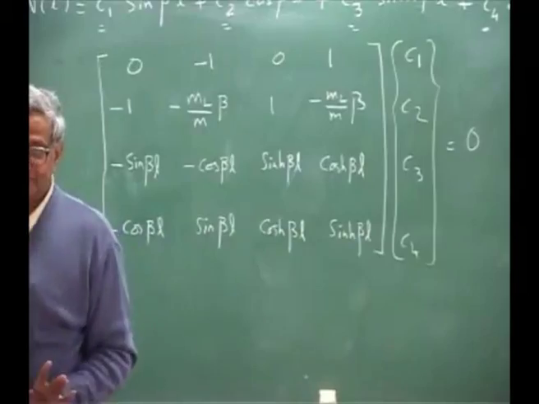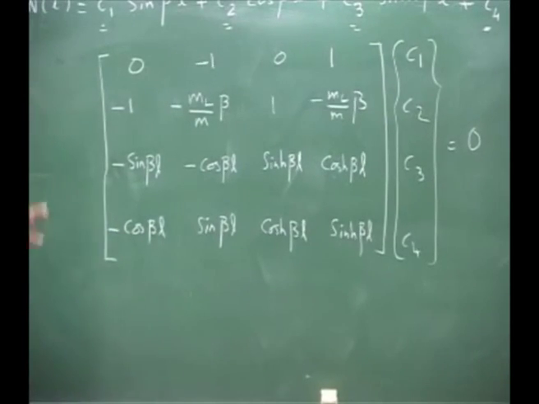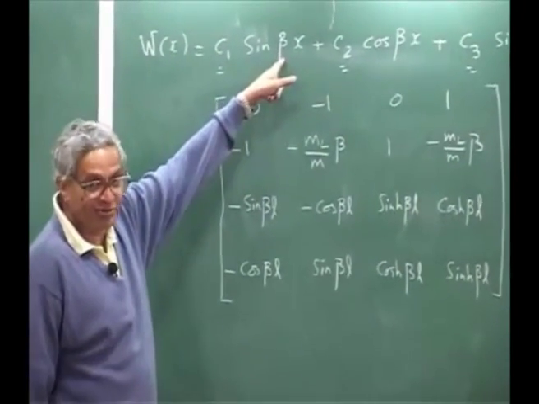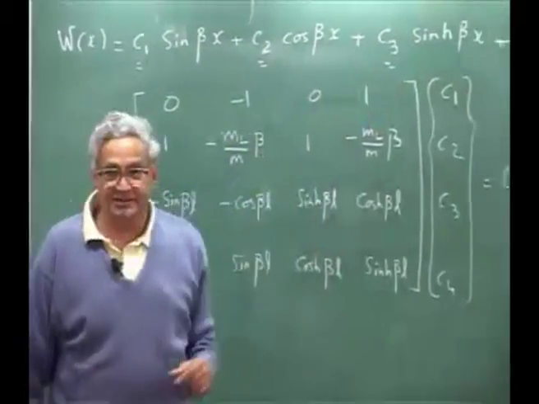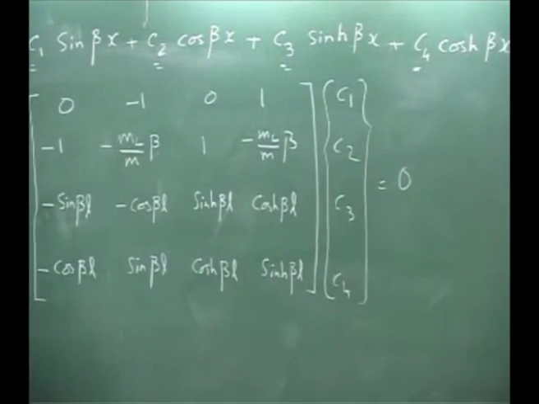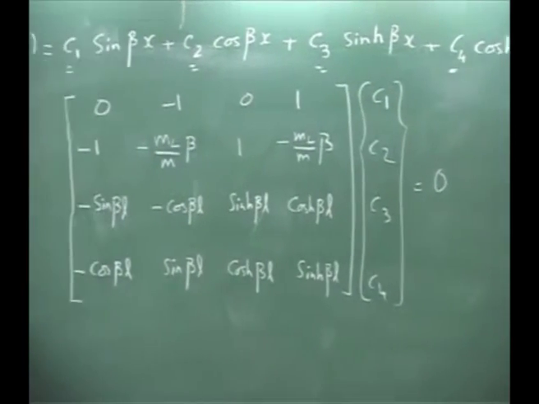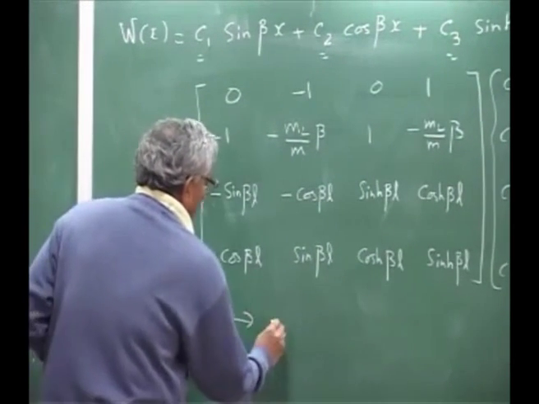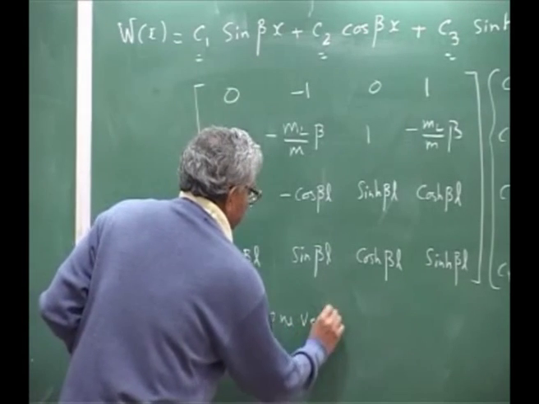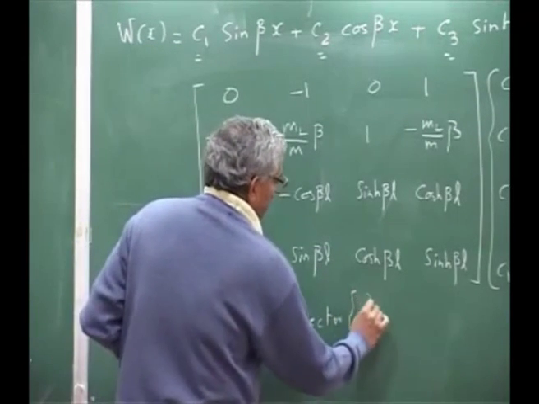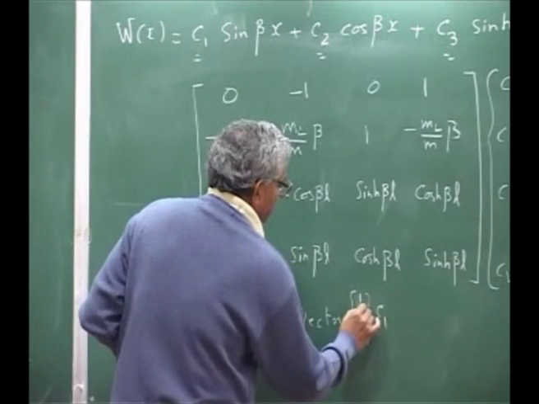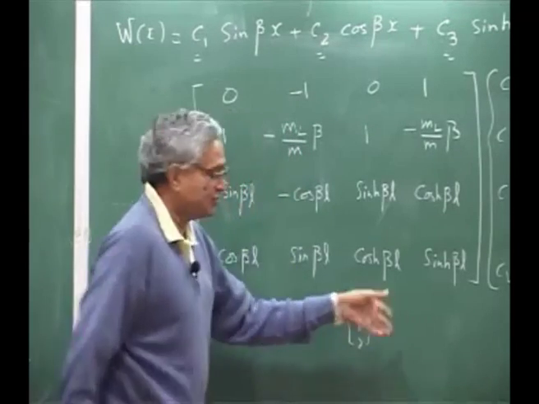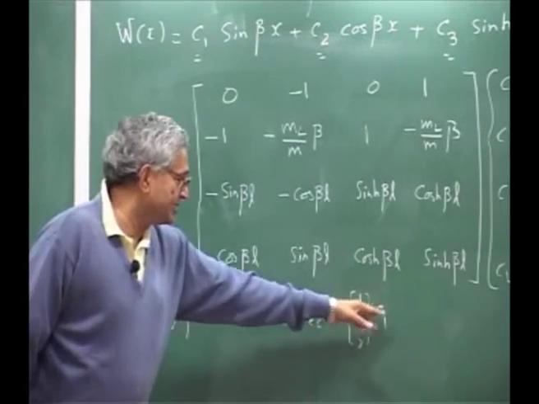I will go back and substitute the corresponding beta values here and the C1, C2, C3. So for every beta, you will have one vector, which is something like 1, some value, maybe alpha, beta, gamma, into C1, because I am taking C1 as 1.